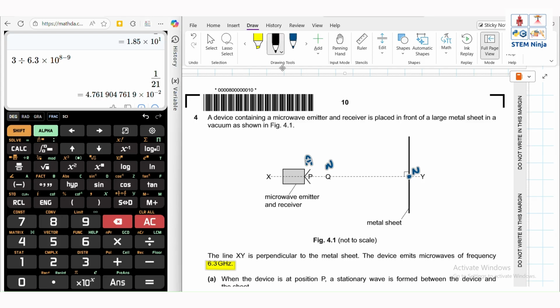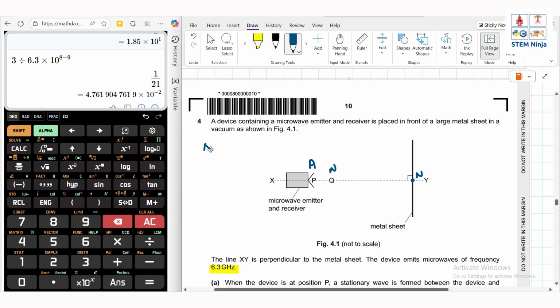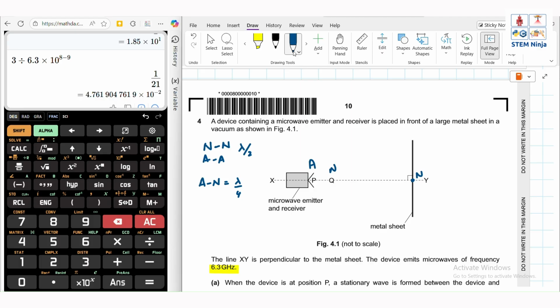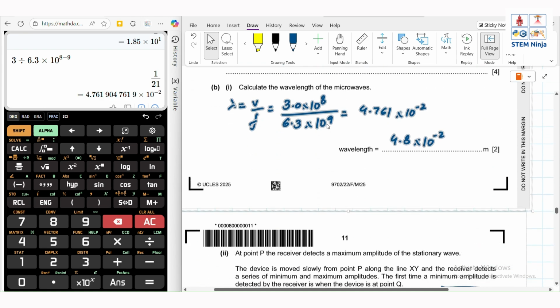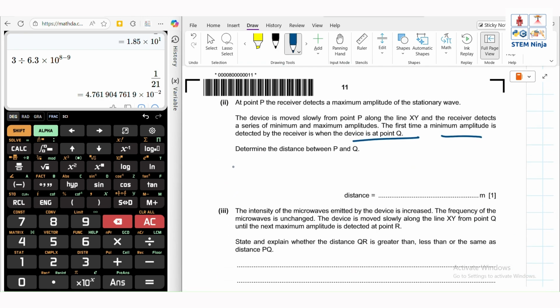Now we know the distance between node to node or antinode to antinode is lambda by 2. The distance between antinode to node is lambda by 4. So node to antinode is equal to lambda by 4.